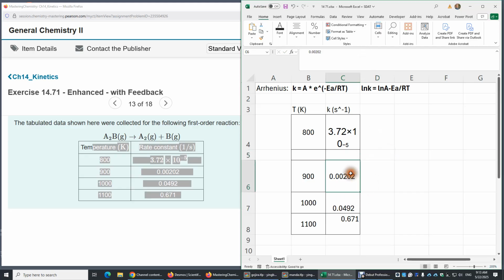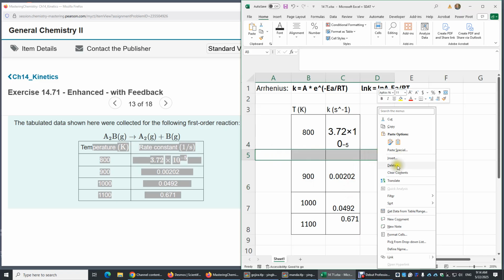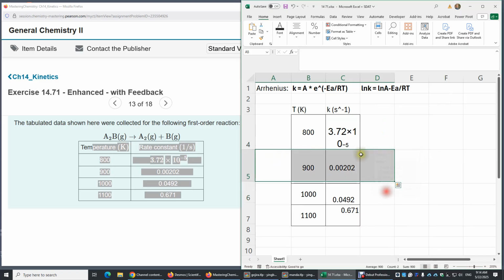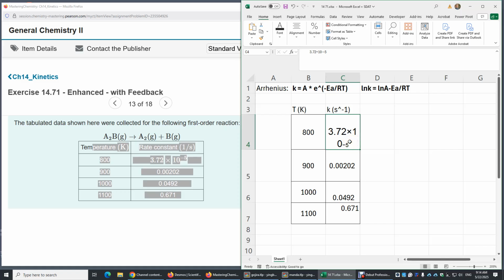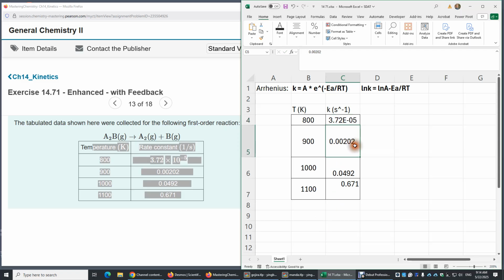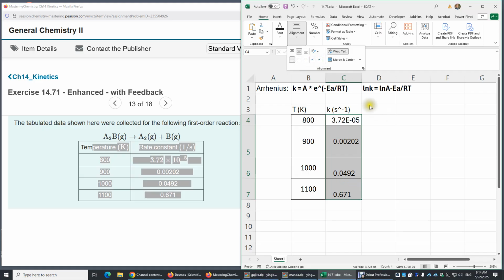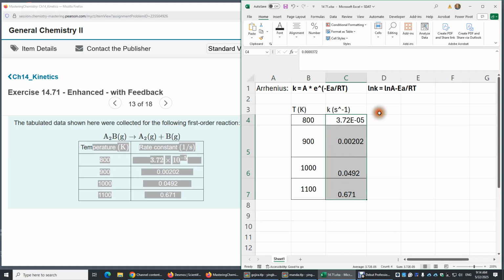This one is good. This one is not good, and there's an extra row. Delete. Alright, this one is 3.72 times 10 to the power of negative 5. Line all the way to the right. Okay.